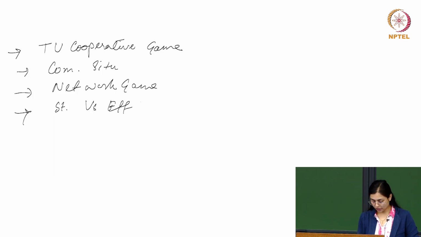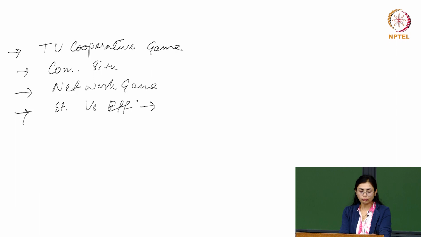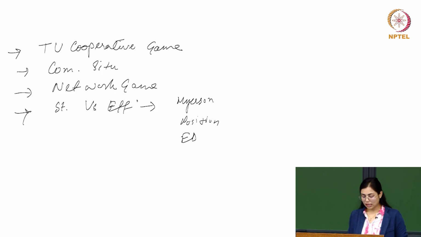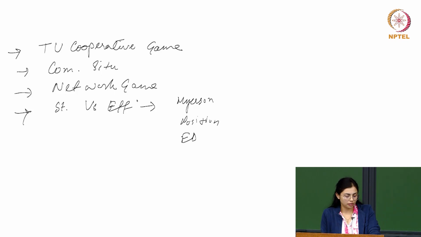In this part, we have some allocation rules for network games, like Banzhaf, positions, equal division, and a lot more. Then we'll talk about the stability and efficiency of all these allocation rules.